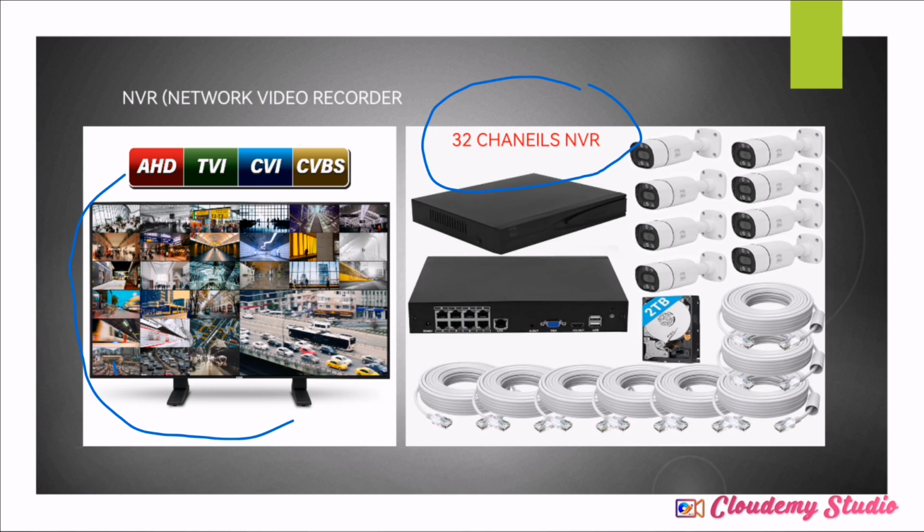So the number of the cameras also determines the size of the monitor which you are going to use. You can use even a small monitor, but it's going to give you a challenge because the pictures will be very small. So it is more important to use a different size of monitor.